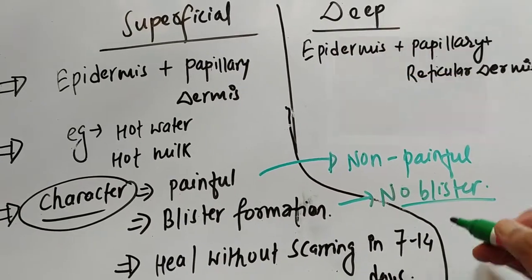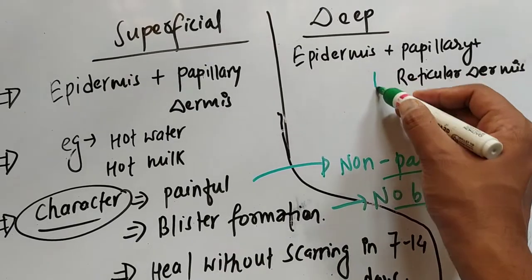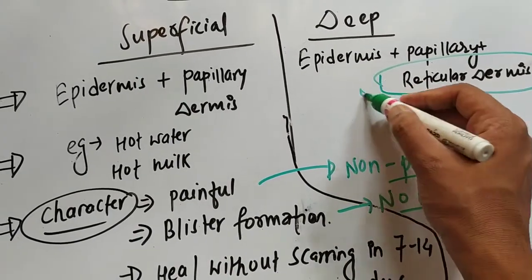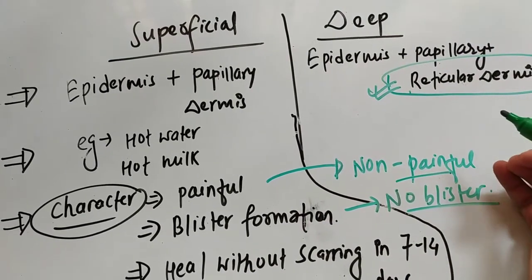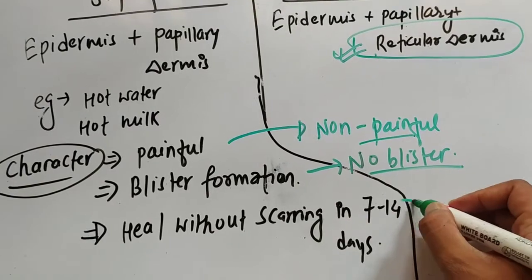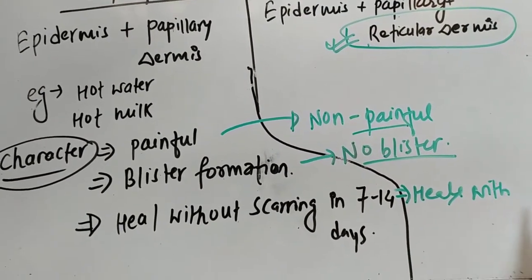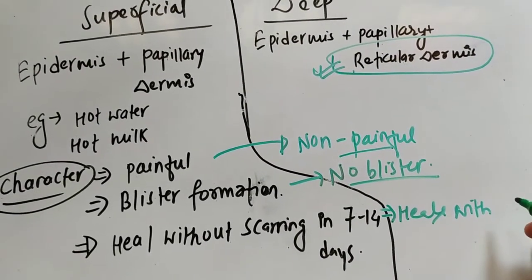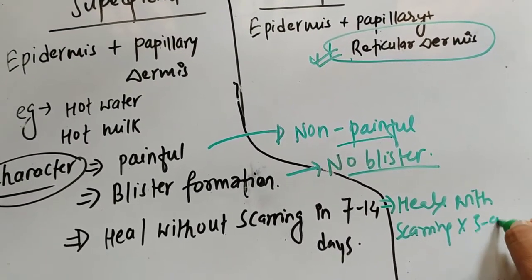Why are they non-painful? As there is destruction of the reticular dermis also. So the reticular dermis is also involved, that's why the blood vessels and nerves are involved, and that's why they are not painful. And these deep burns usually heal with scarring. So scarring takes place in the deep second degree burn, healing in 3 to 9 months.